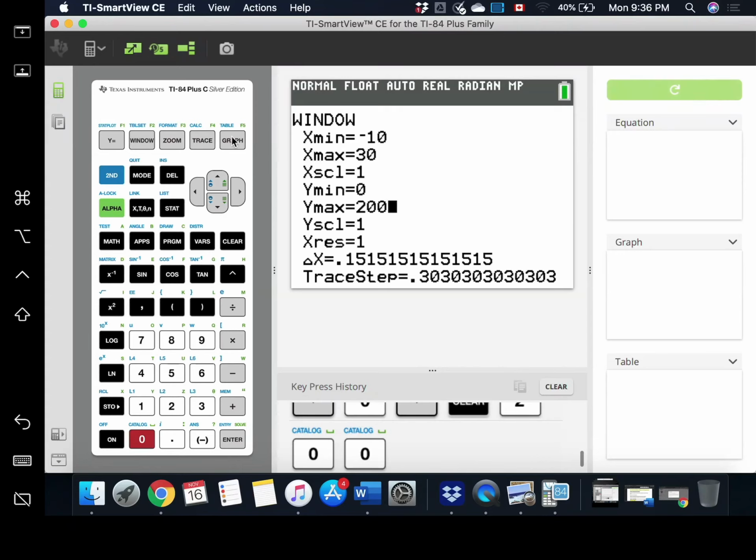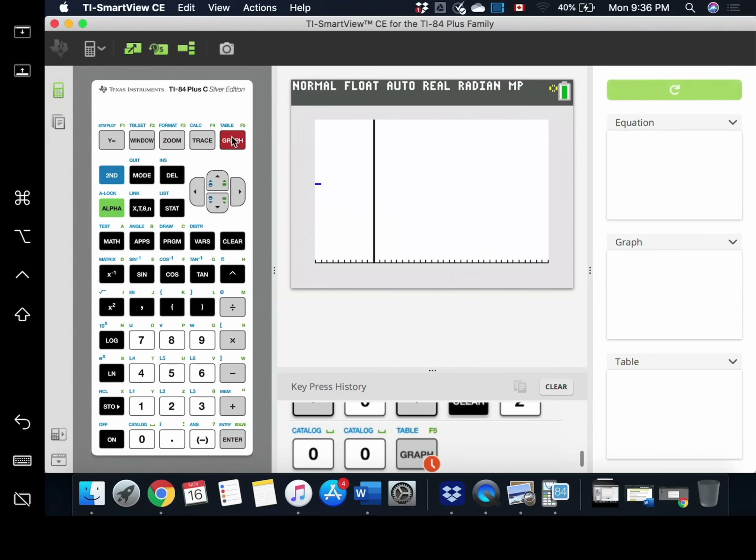Okay, so this is my window here. Once I have my window, graph it. So there's my 110.5 being graphed.